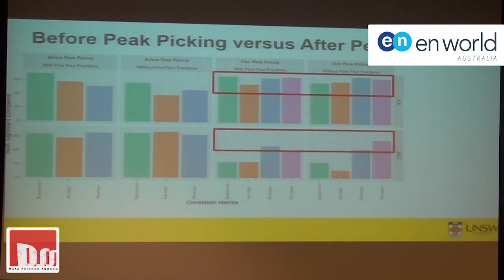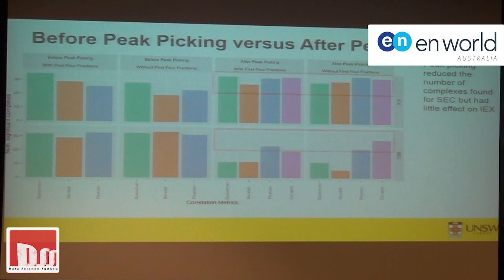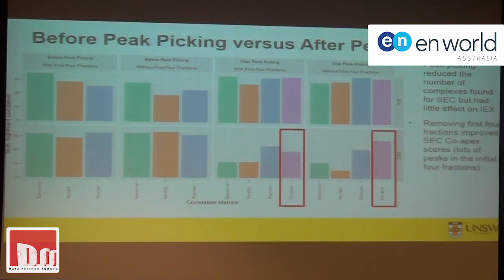So when we look at the results, peak picking reduced the number of complexes found for SEC, but not for IEX. Removing the first 4 fractions improved the SEC co-apex score. That is because there are lots of complexes coming out in the first 4 fractions, and removing those fractions helps clean the data up a little bit.